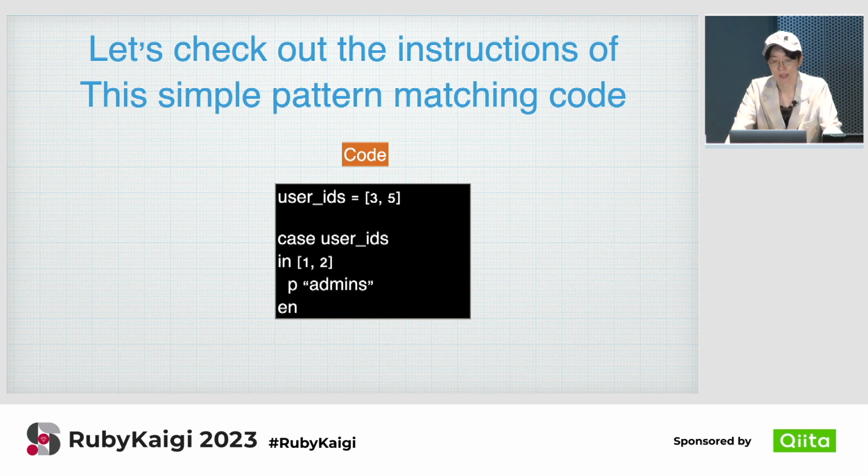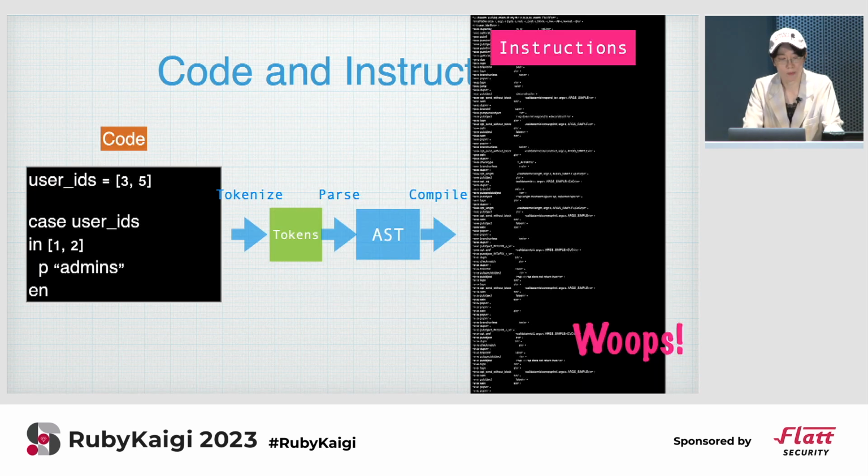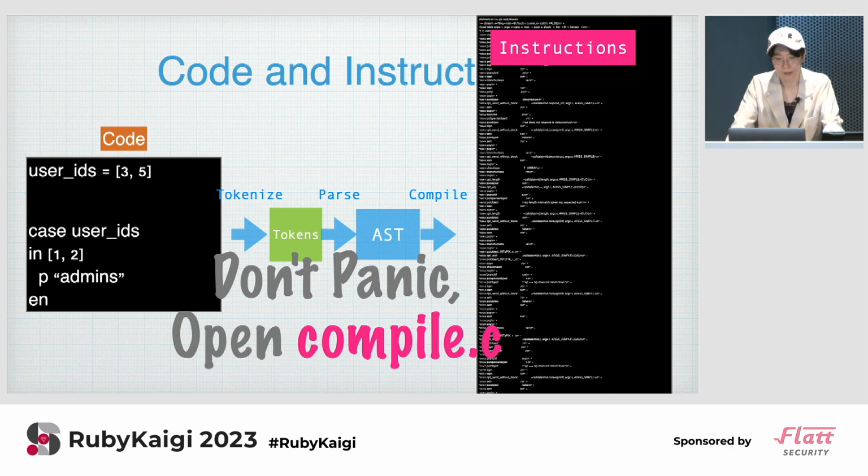We are going to see the instructions of this simple pattern matching code using RubyVM::InstructionSequence, compile and disassemble. Too long, too many instructions there. But don't panic. Open compile.c.